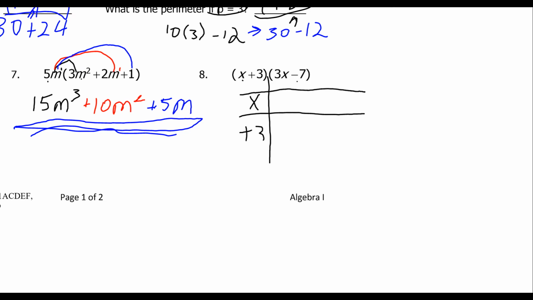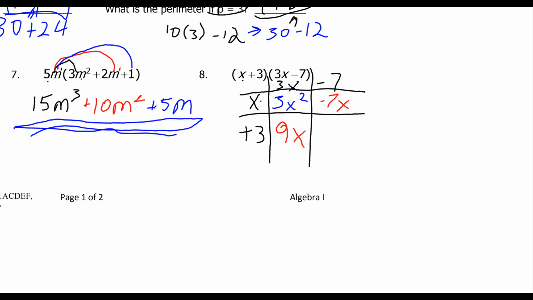So we got x plus 3, and we got 3x minus 7. Everything's all lined up. So 3x times x is 3x squared. And then we got 3x times 3, and that's 9x. Negative 7 times x is negative 7x.